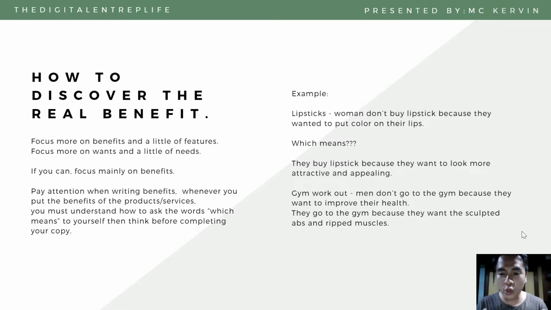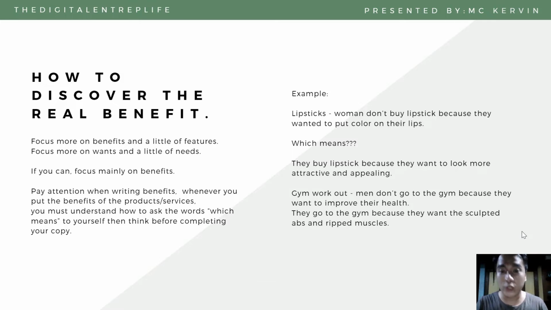Okay, so let's say you have something in your mind. You're thinking that the benefit of this product is the color red. Now before finalizing that benefit, you need to ask yourself, if the color is red, what's the real benefit of this product?